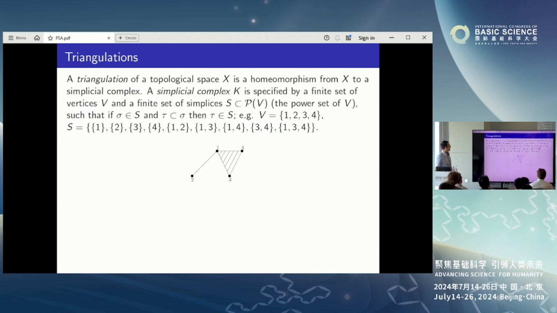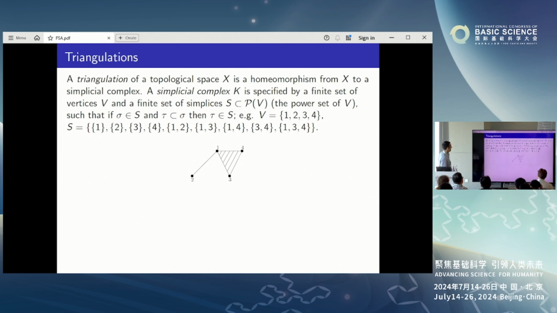Okay, so what is a triangulation? You can define it for any topological space. It's a homeomorphism from X to a simplicial complex. And let me remind you that a simplicial complex is some space that's described by a finite amount of data. You have a set of vertices, and you need a set of simplices, which is just a set of subsets of S, such that whenever you have a subset sigma in there, then you also have all the subsets of sigma.